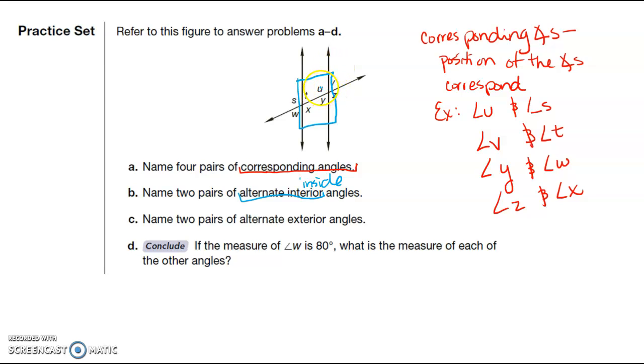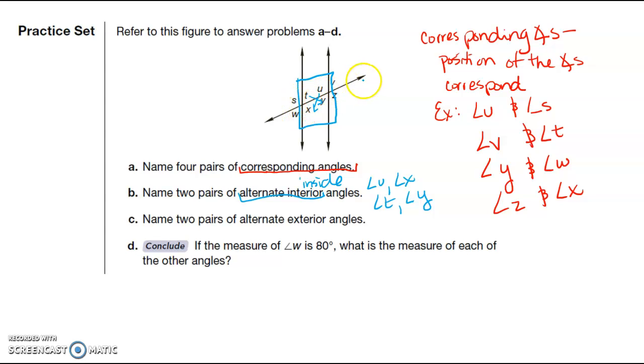Okay. So we have, oh, what? Sorry. They're across from each other. So these, angle U and angle X, angle T and angle Y. So they're alternate.